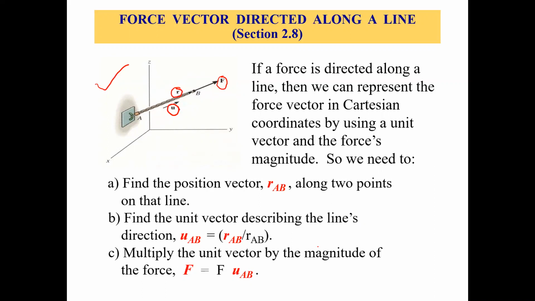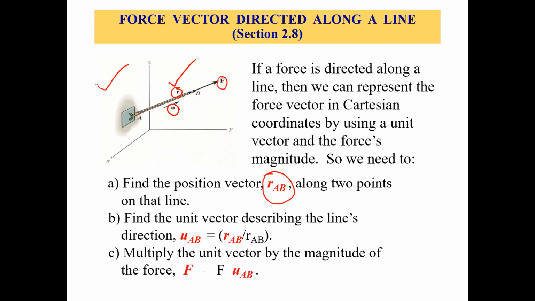First of all, we'll find the position vector RAB, from point A to point B. We know how to do that: XB minus XA, YB minus YA, ZB minus ZA, along with IJK notations, we'll get the position vector R sub AB.